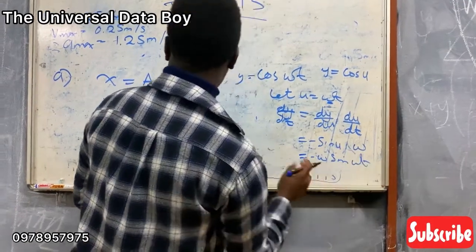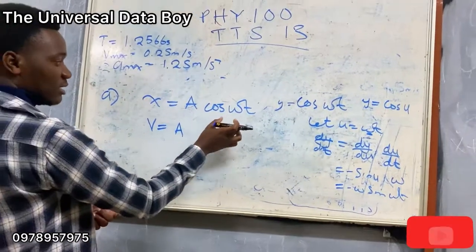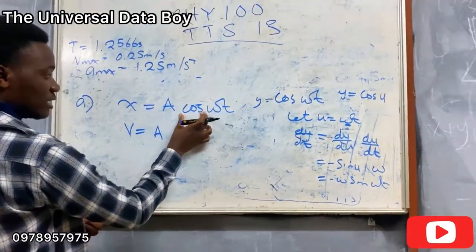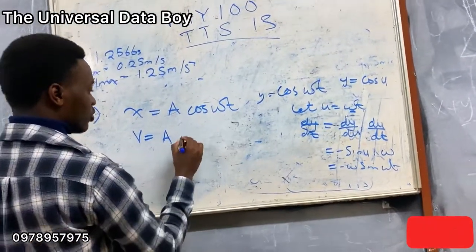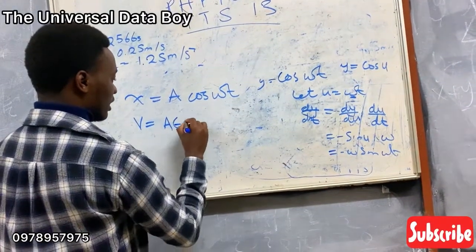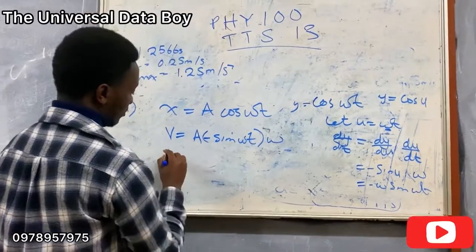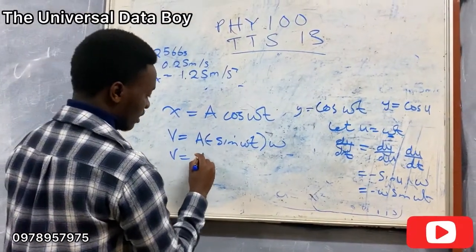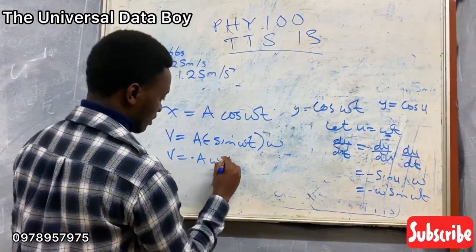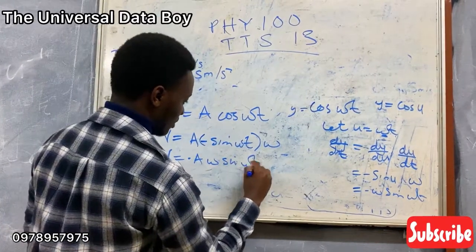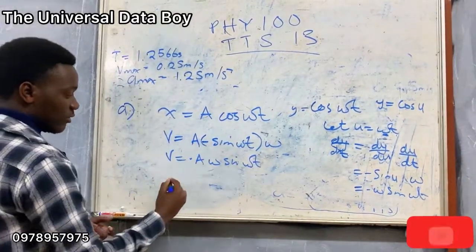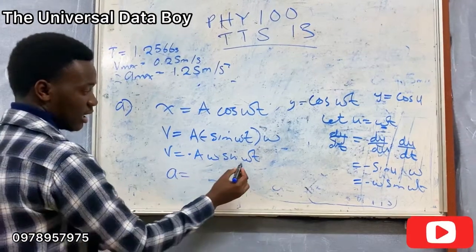So this is what brings us to this. In short, we just find the derivative of the trig function and then the derivative of what's inside. So I'm going to have negative sine wt times w. V is equal to negative A w sine wt. Then the derivative of this one will give us the acceleration.